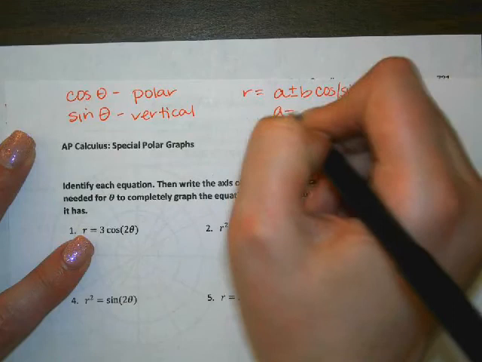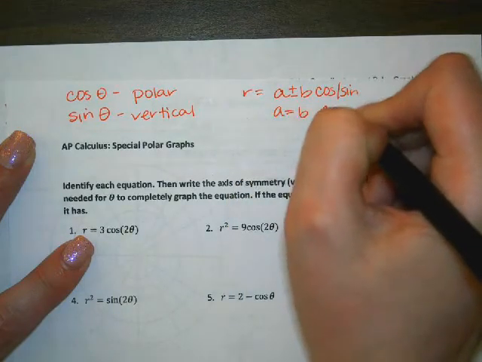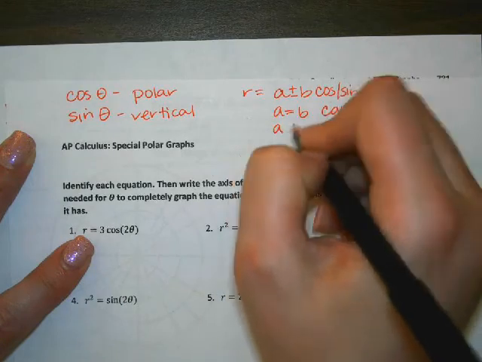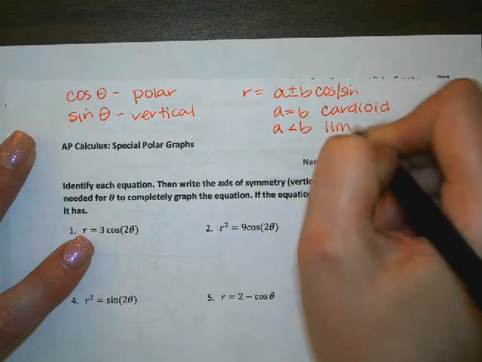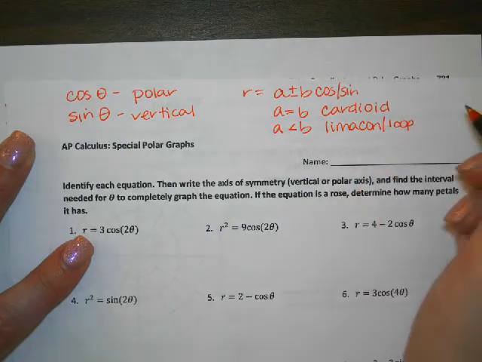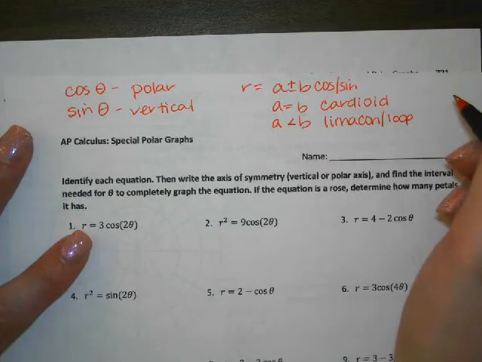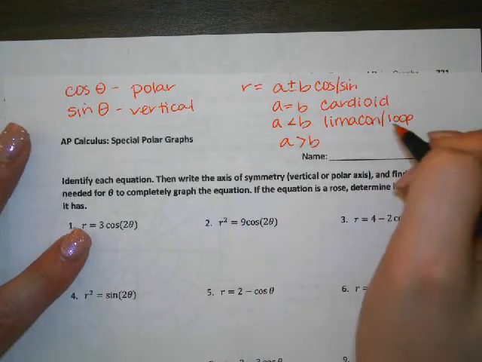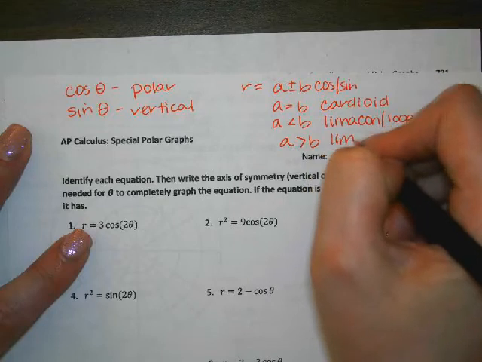I wrote that if these two numbers are equal, then it's a cardioid. I wrote if A is less than B, then it's a limacon with a loop. I didn't mean to write slash loop. I meant to write with a loop, but you know what I'm saying. If A is greater than B, then it's just a limacon.